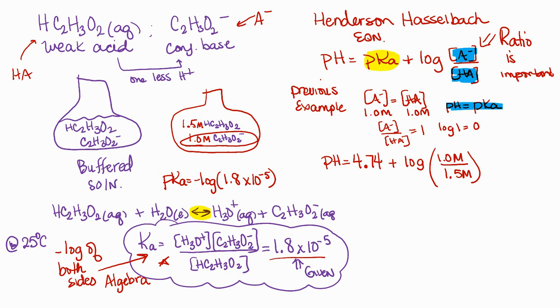Okay, notice our ratio is less than 1. Let's plug into the calculator. Take 1 divided by 1.5, that's 0.67. Now I'm going to take the log of that number. We get a negative number, and then I'm going to add that to 4.74, and I should end up with 4.56.